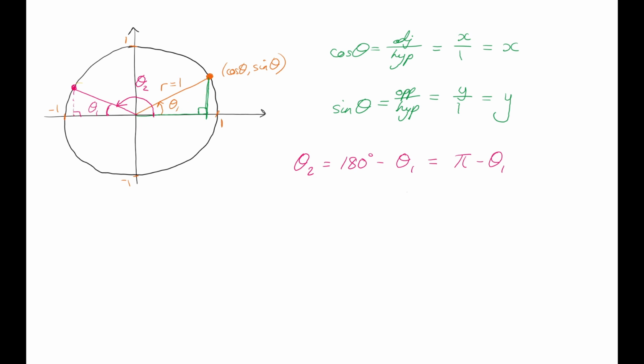So therefore, this distance in x, i.e. the x coordinate, we said was cos of theta 1. And that means that this x distance here must be the same. It's the same distance. However, we're now in the negative part of the x coordinates. Let's add in, just to be super clear, we're talking about x and y here. Okay, so this x coordinate here is minus cos of theta 1.